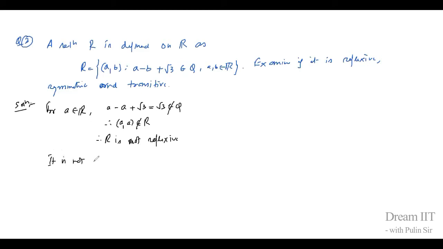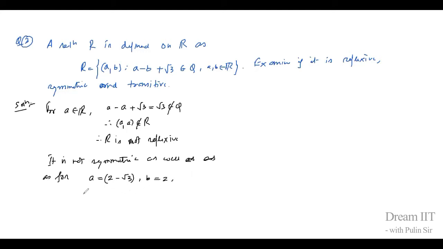It is not symmetric as well, as, suppose A equal to 2 minus root 3, and then B equal to 2, you have considered.